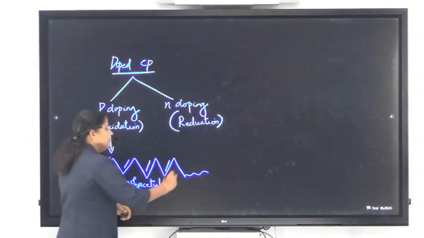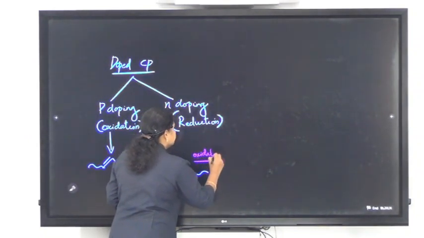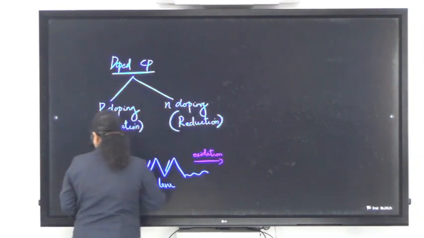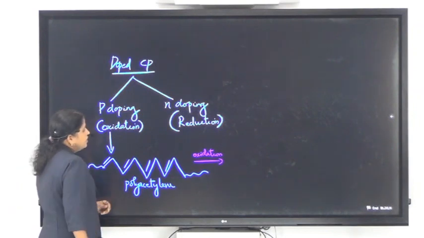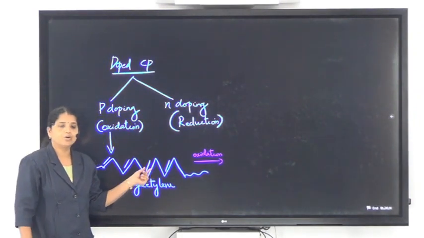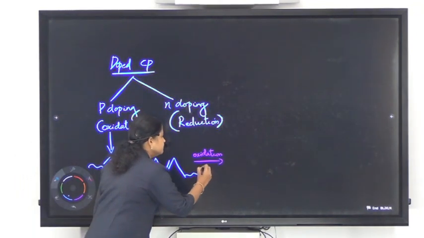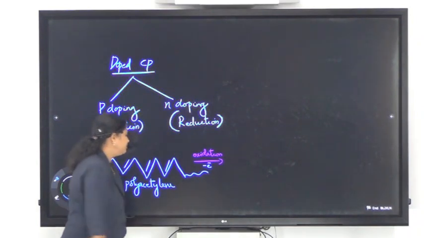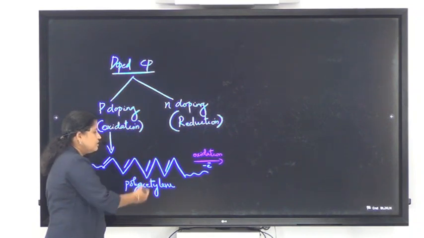Then oxidation takes place. So what happens? A release of electrons takes place in this polymer backbone. So one electron is released from this. Consider that one of the electrons present in this bond is released.